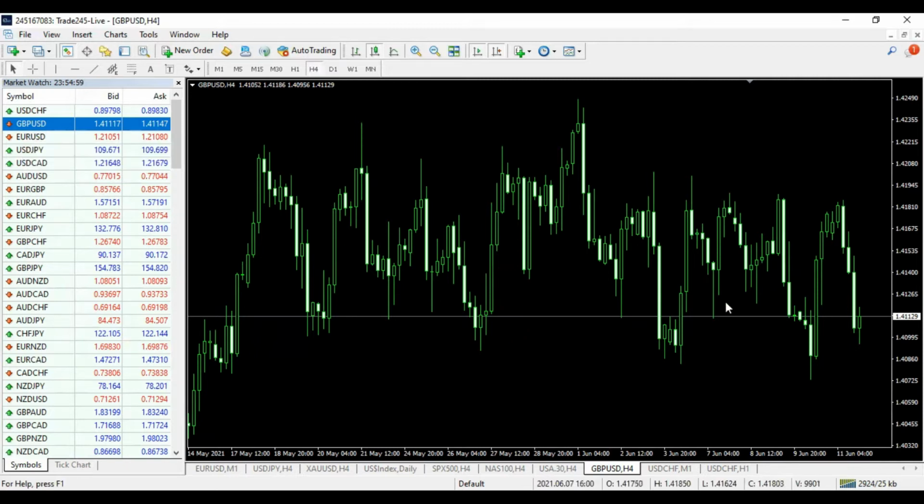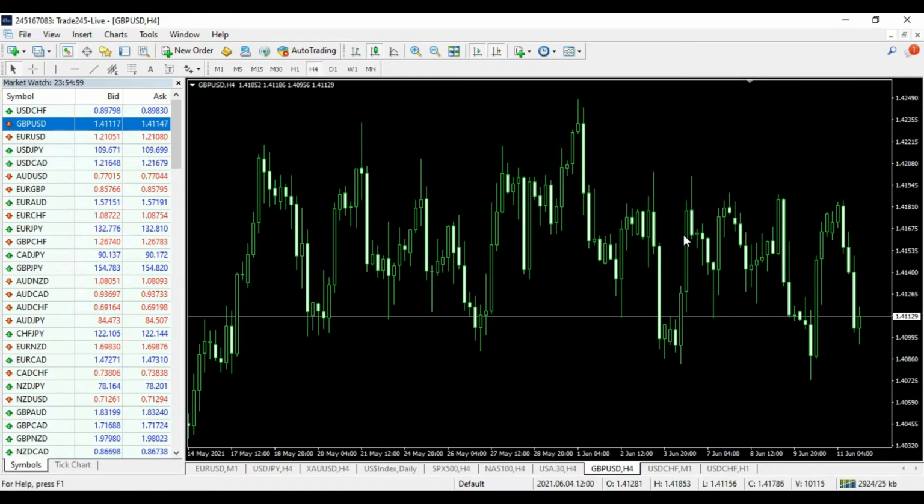USD. You can also understand it from a perspective of buyers and sellers. So bullish candlesticks represent buyers, bearish candlesticks represent sellers. So a bullish candlestick will mean that GBP is gaining strength or is stronger than USD, or buyers are in control of the market.